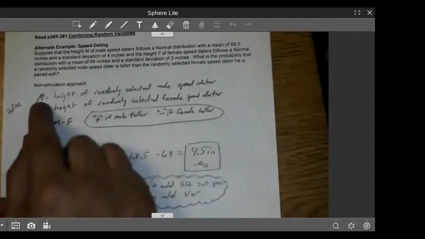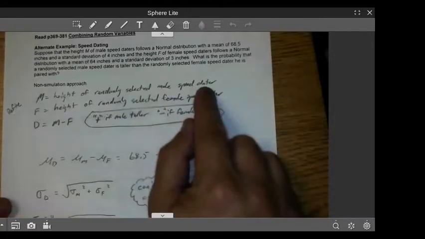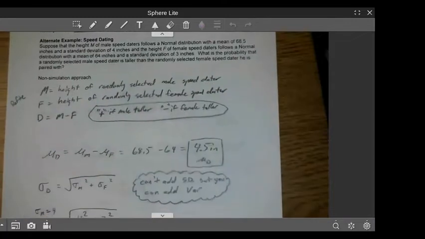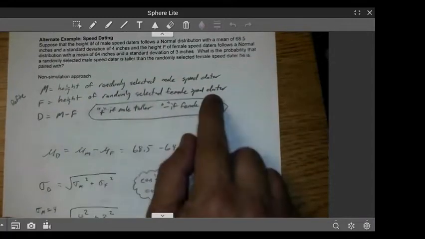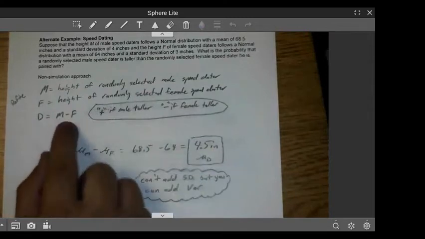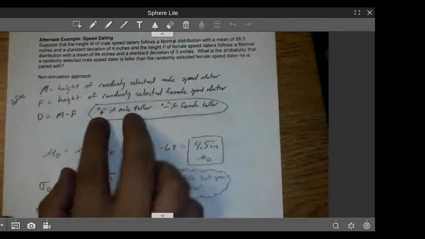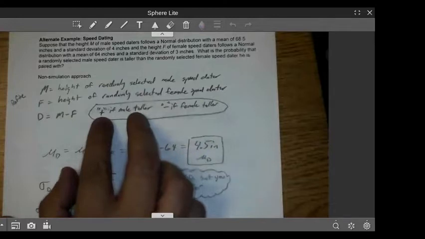So anyway, I've defined my variables. M is the height of a randomly selected male speed dater, and F is the female, and then I'm going to define D for difference, which we're just going to define as males minus females. And here, this is not part of the definition, but just for notes: if it's positive, then the male is taller.